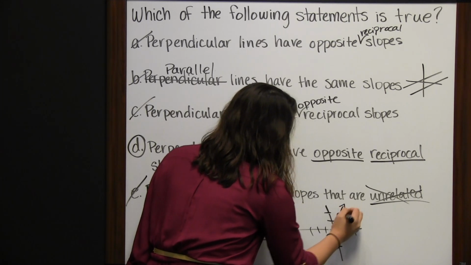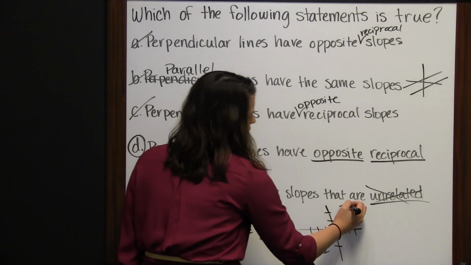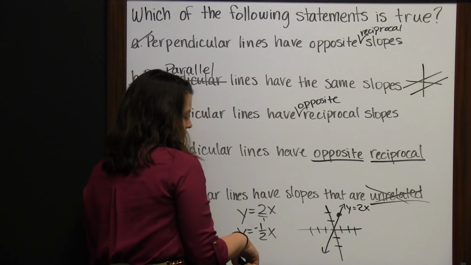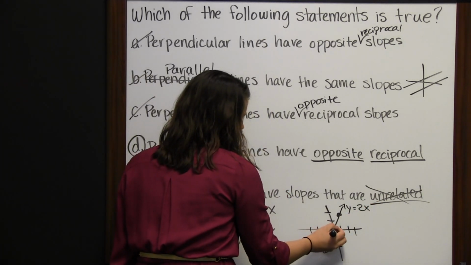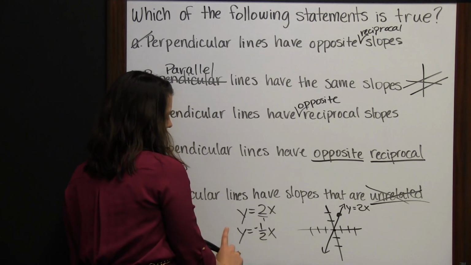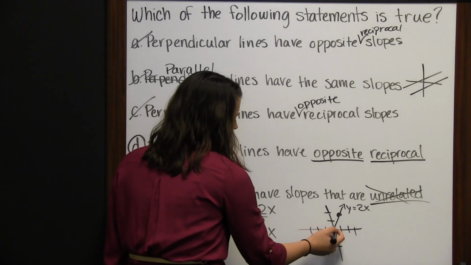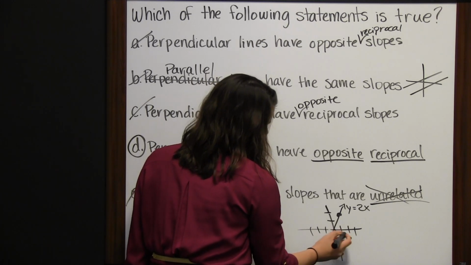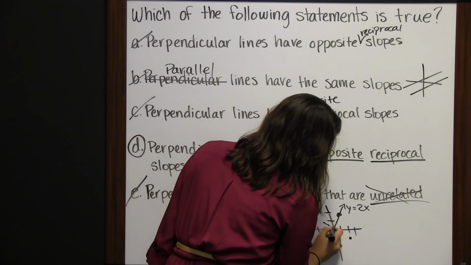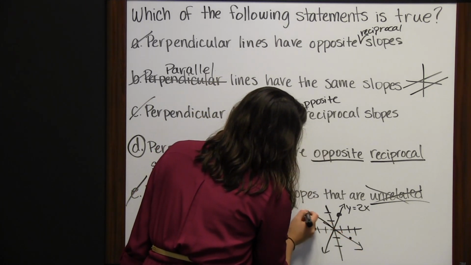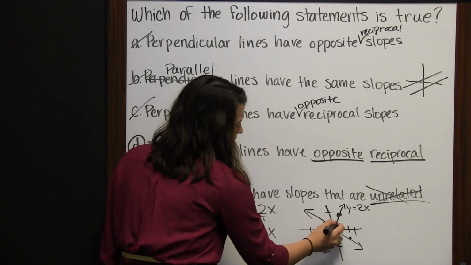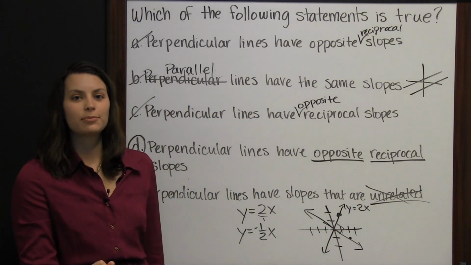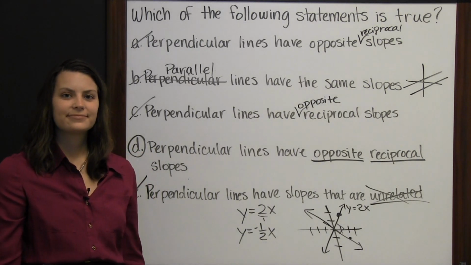So there is the y equals 2x line. And then y equals negative 1/2 x, again, would also go through the origin since it has no y-intercept. And from there, we would go down 1 and over 2. So you can see how these lines intersect each other at right angles because they have opposite reciprocal slopes.